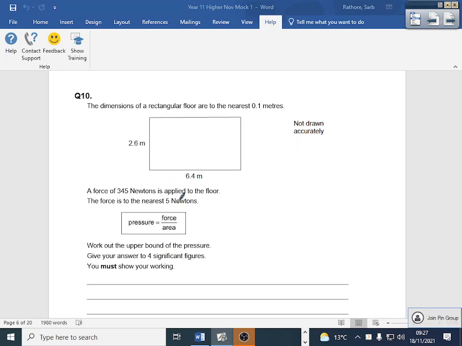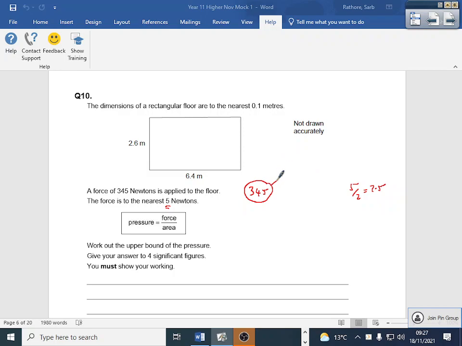Now, when we're working out the upper bound, first of all, this has been rounded to the nearest 5 newtons. So if I put 345, what you do is you get the 5 and divide it by 2, which gives me 2.5.